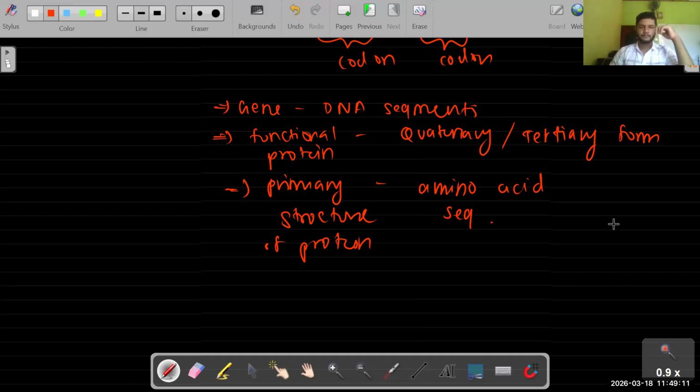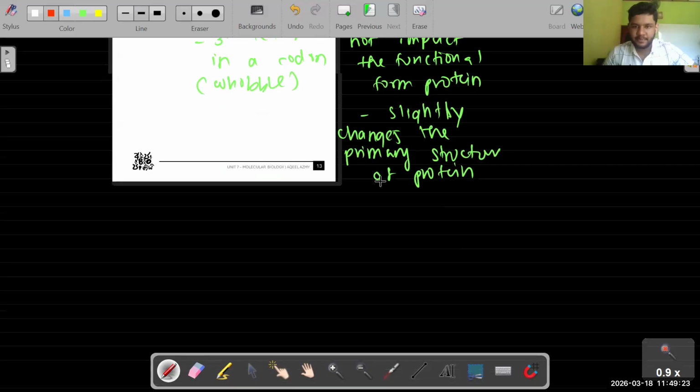Note it down. Yes. Okay. Right. So slightly changes the primary structure of the protein, right?